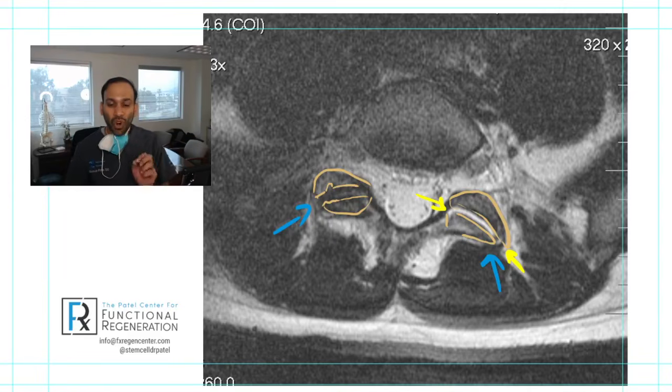Now sometimes it's normal for us to have a little bit of fluid inside a joint. Every joint has a little bit of fluid inside of it. But when you see that asymmetry from side to side, when you see one side that has white in it, the other side that's relatively dark, particularly if this corresponds with the symptoms that the patient's having, right?